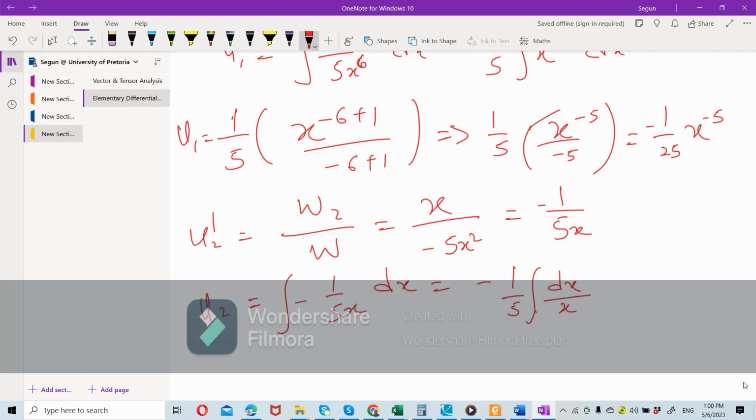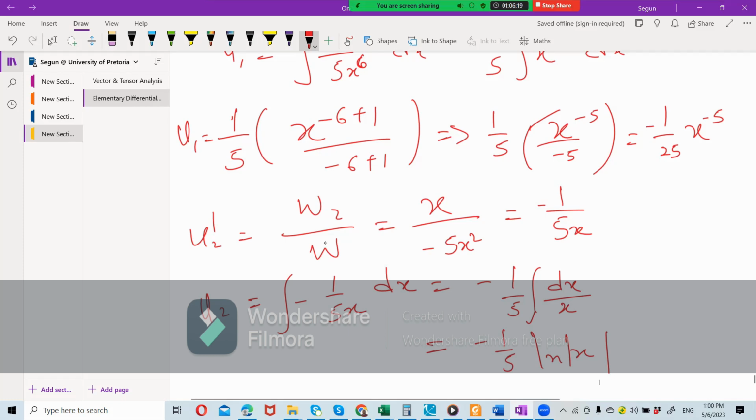At the end of the day, you have minus 1 over 5 ln of the absolute value of x. This is my U2.